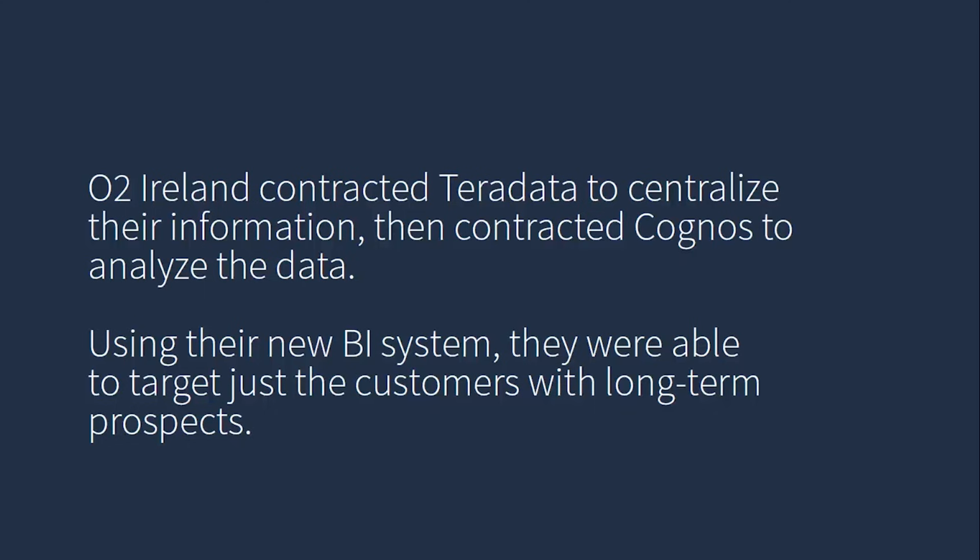Using the centralized data and their new business intelligence system, O2 Ireland was able to identify and segment the 65% of their customers who stayed in Ireland after purchasing SIM cards and who are likely to be repeat customers. That resulted in a much higher return on investment, as they were no longer wasting resources on customers who had no intention of using their services past a few days.